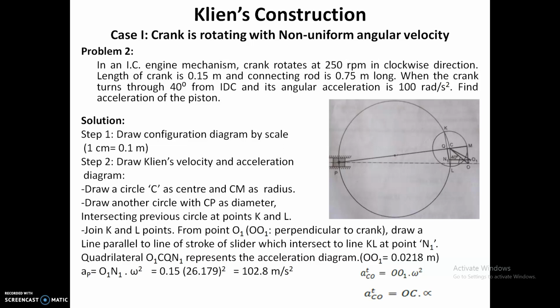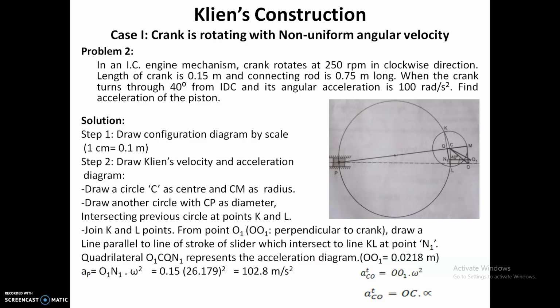You measure the length O1N1, multiply by the scale, and then multiply by omega square. O1N1 comes to 0.15 meter, and multiplying by omega square, the final answer comes to 102.8 meter per second square.